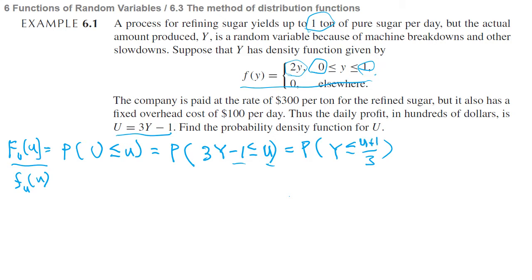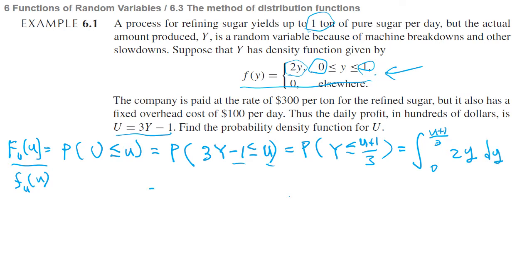U plus 1 over 3. Okay, and how can we calculate this one? From the density function, we can integrate y from 0 to u plus 1 over 3. And this part is 2y dy.